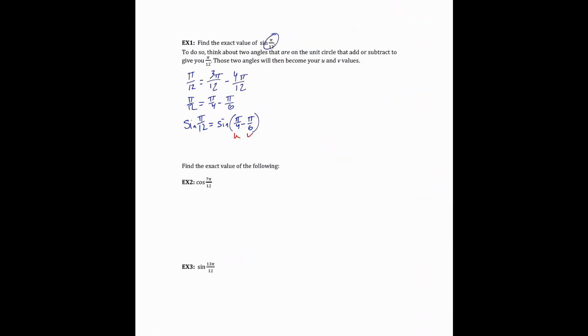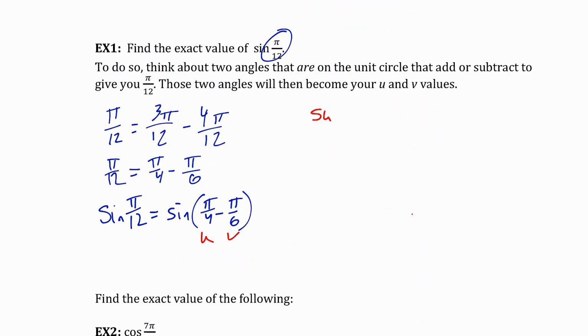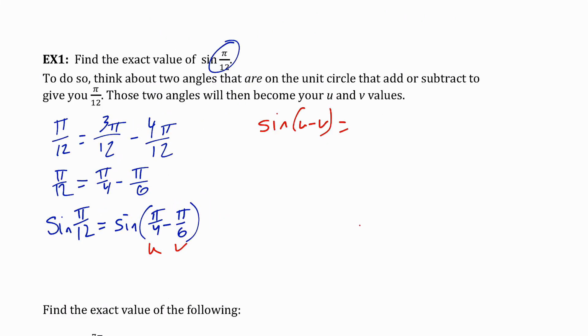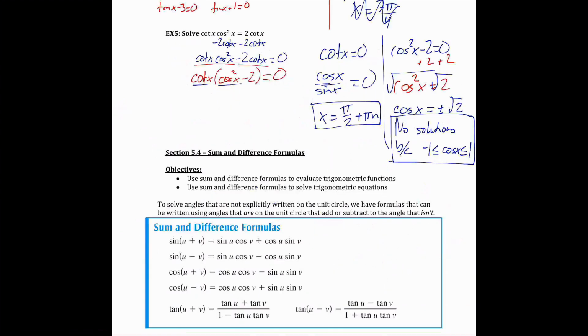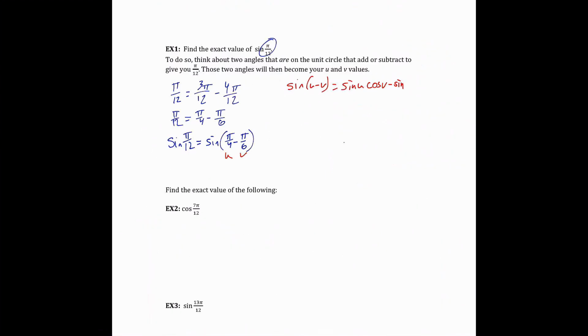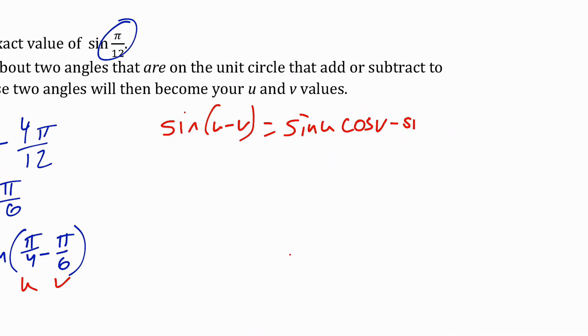Let me write that out again. Sine of u minus v is equal to the sine of u times the cosine of v minus the cosine of u times the sine of v. I want to make sure I'm using the same order that I have on the other page, but it doesn't make a difference.